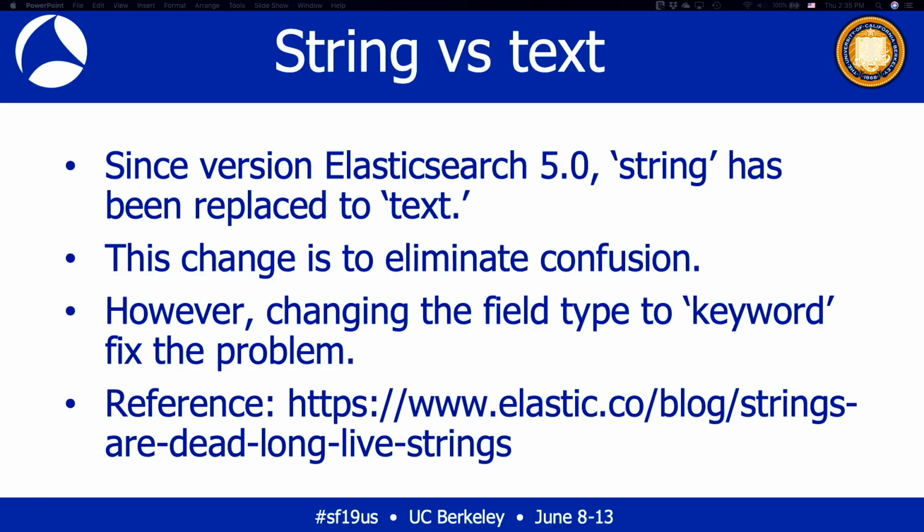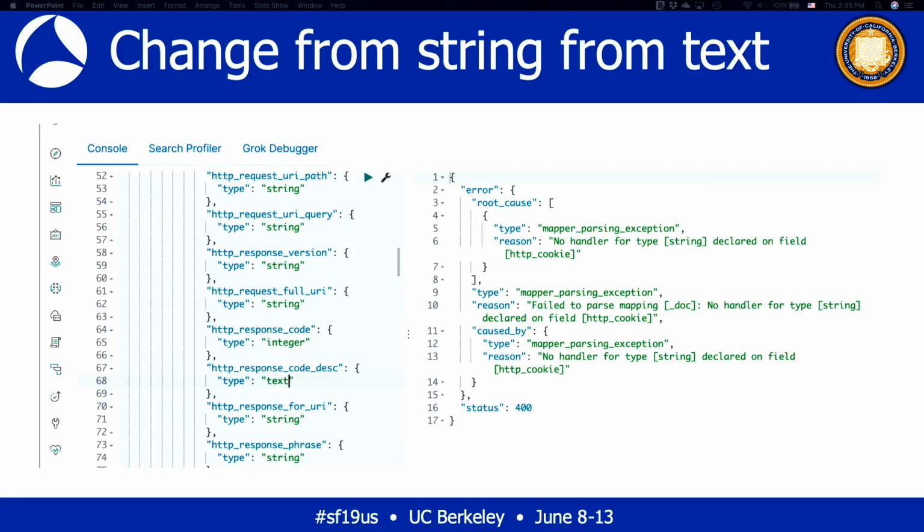However, changing the field type to keyword fixed the problem. The reference was from here, where you can get the information on why they changed string. So I had to manually change all the string type fields to text type.